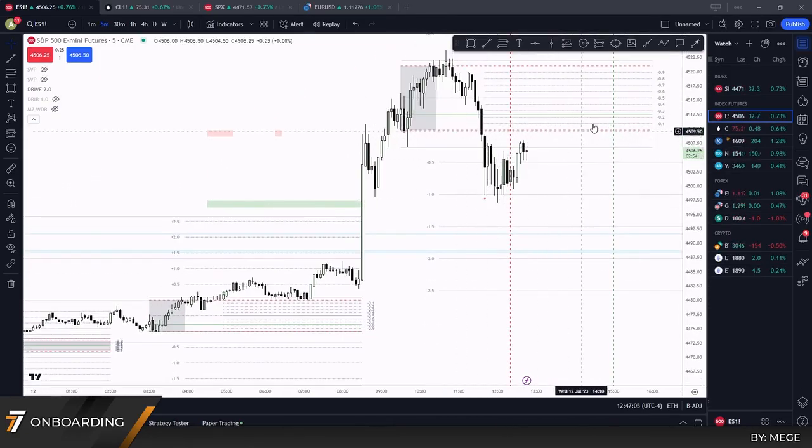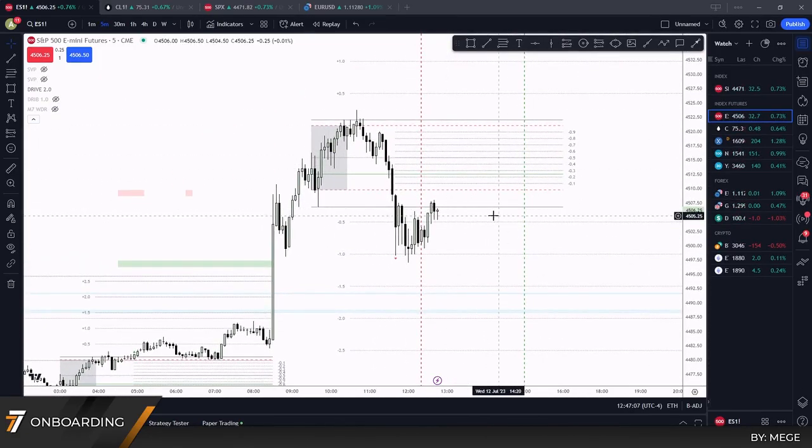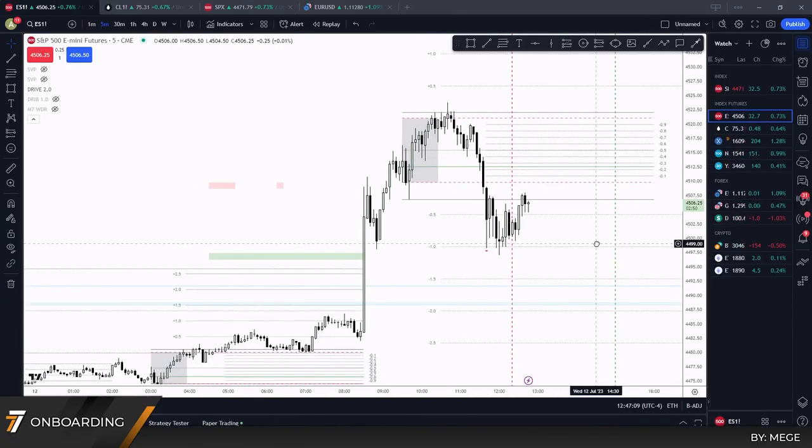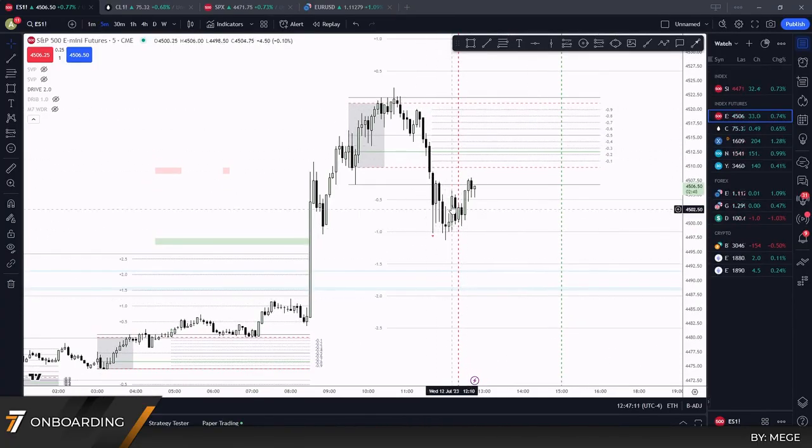We know that these levels are important for the algo. That's how we use our data, right? We know that the direction of the day is set in stone after the confirmation. So we are just looking at how much we usually retrace when we confirmed when the day looked like this.